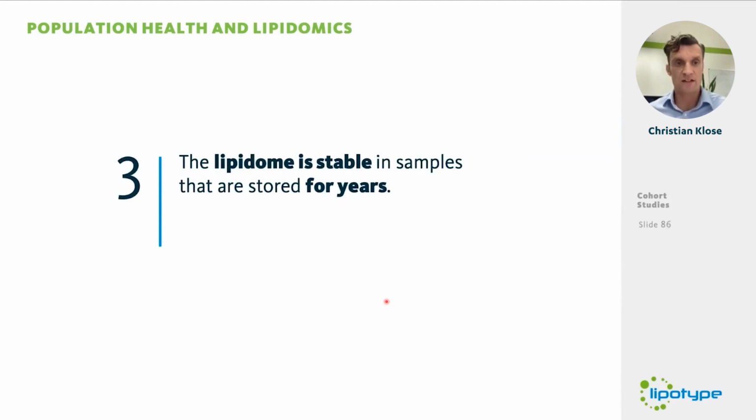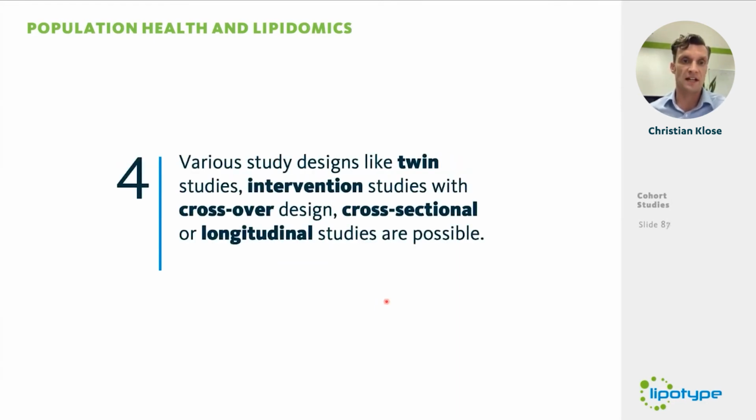An important fact is also that the lipidome is stable in samples that are stored for years if they are stored properly. That also means there's a real value in legacy samples that are sitting in freezers, for example, in retrospective studies. Various study designs, like twin studies, but also intervention studies with crossover design, cross-sectional studies, longitudinal studies are possible and have been done also using lipidomics analyses.